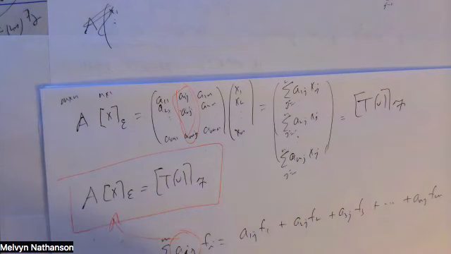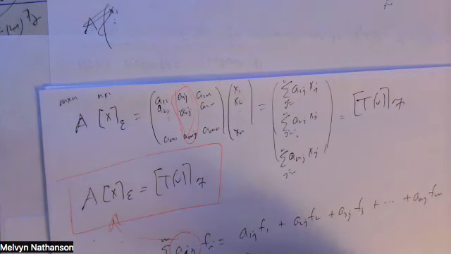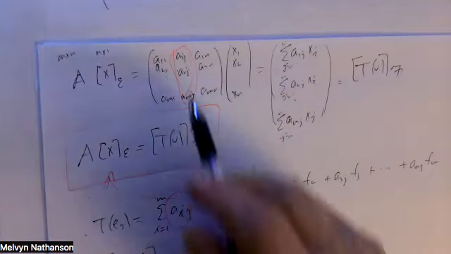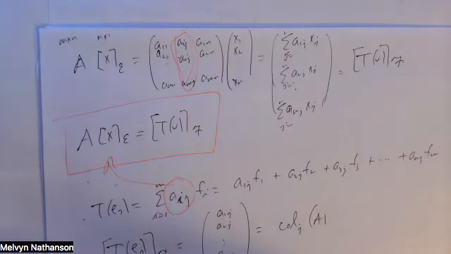So Ej is the jth vector in the basis E. T of Ej, if you look at the coordinate vector for that, that's exactly a1j, a2j, down to amj, which is in fact the jth column of the matrix A. So when you look at your matrix A, each column tells you where each basis vector gets mapped to.